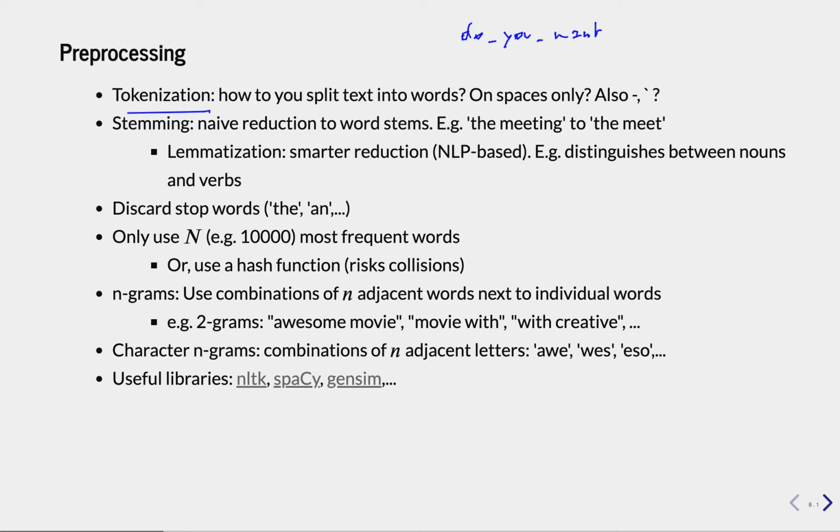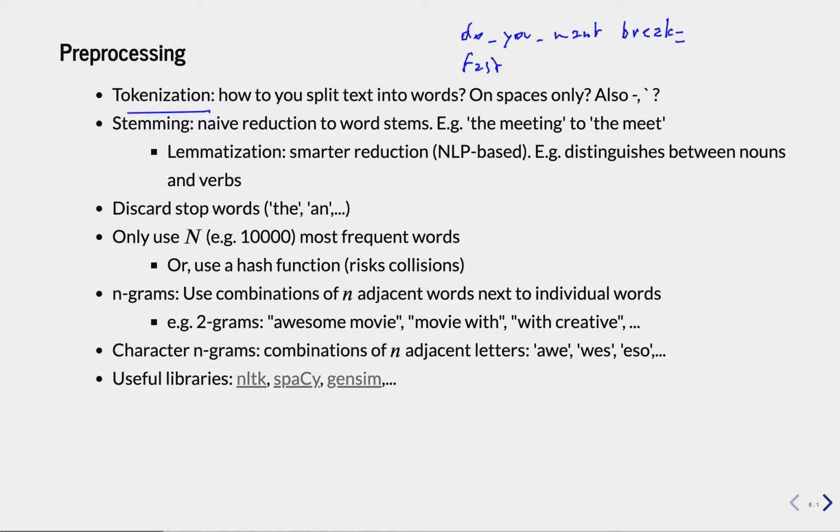Do you want something like breakfast, right? Then maybe we have a hyphen in there. And we need to decide whether we want to split on this hyphen or whether we do something more clever and join these words together again.